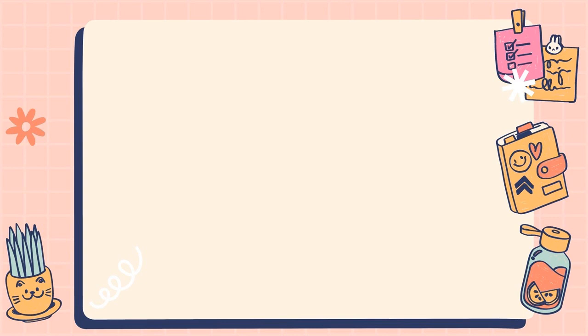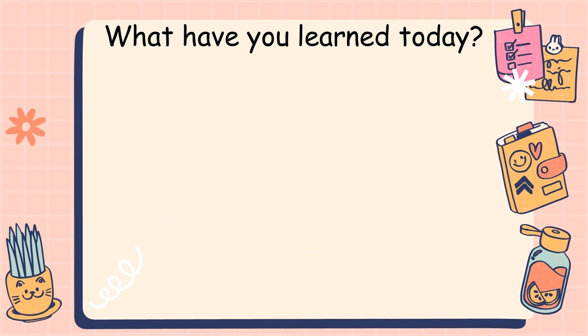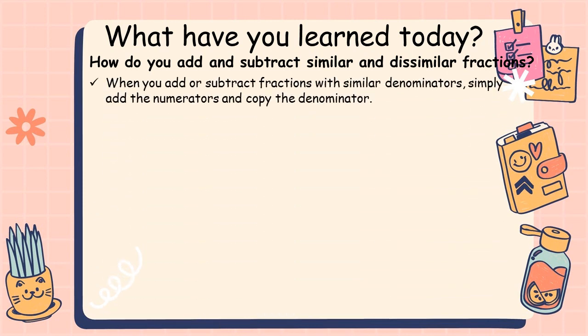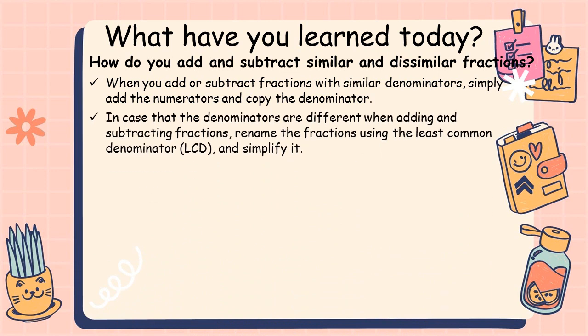Okay, so I want to know what you have learned for this session. How do you add and subtract similar and dissimilar fractions? When you add or subtract fractions with similar denominators, simply add or subtract the numerators and copy the denominator. In case the denominators are different, just rename the fractions using the least common denominator, LCD, and simplify.